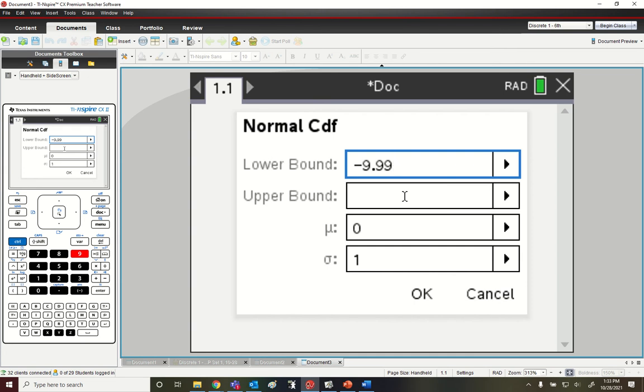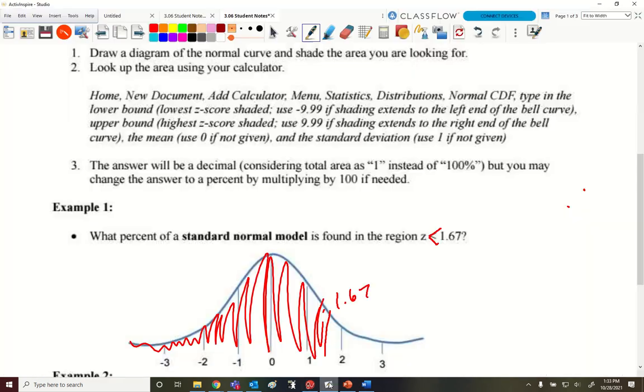All right. Now, how far to the right did my graph go? What was shaded on my graph? Where did I stop at? There we go. So that's what I'm looking at. So since I was going all the way to the left, just up to 1.67, that's where I'm stopping.